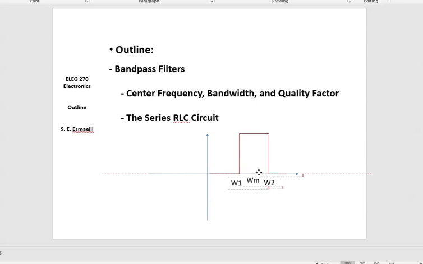This is the point between omega 1 and omega 2. So if we can figure out the central frequency and the bandwidth of the filter, we can define this filter.